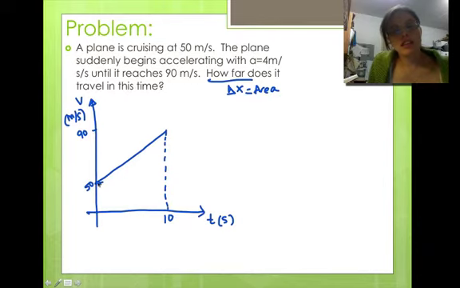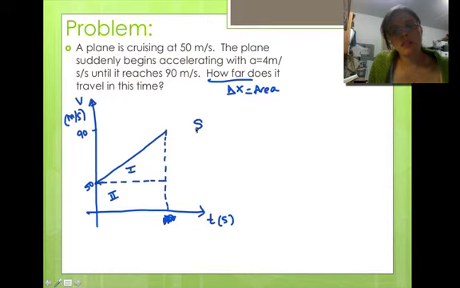So if we look at this and we break it up into two areas, 1 and 2, we have our heights, but we don't know the time. So let's solve for the time.